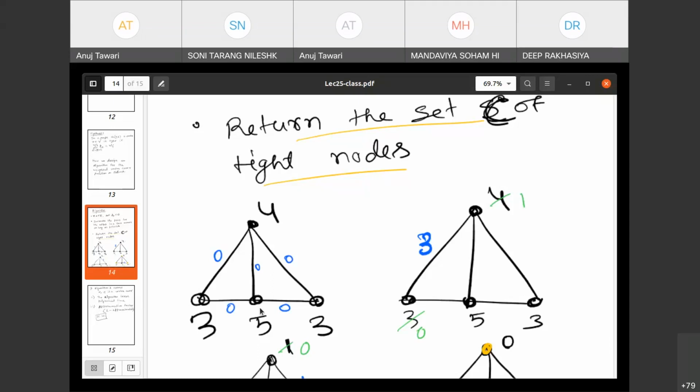So what other strategy do you propose? What can we do to find the minimum weighted vertex cover?